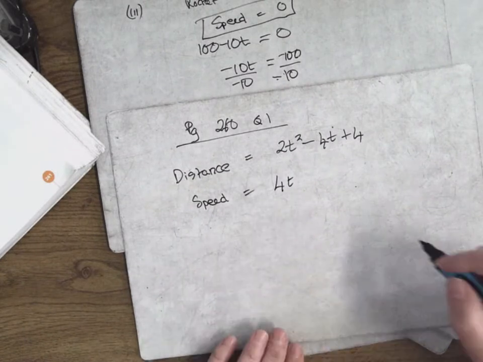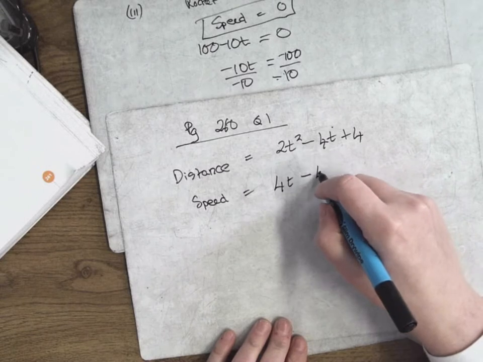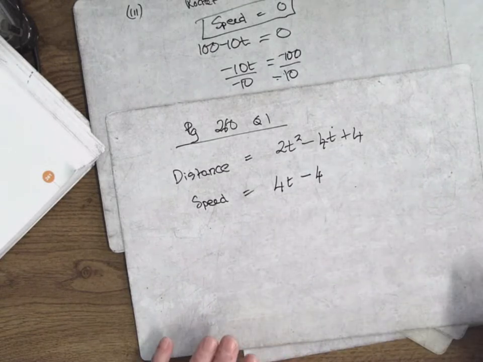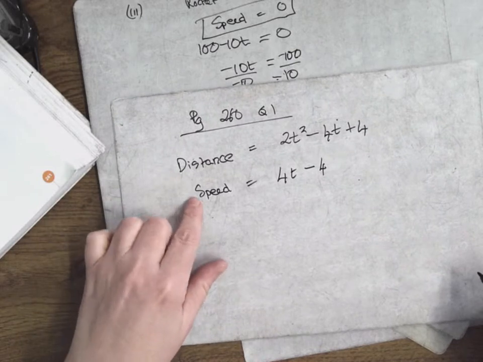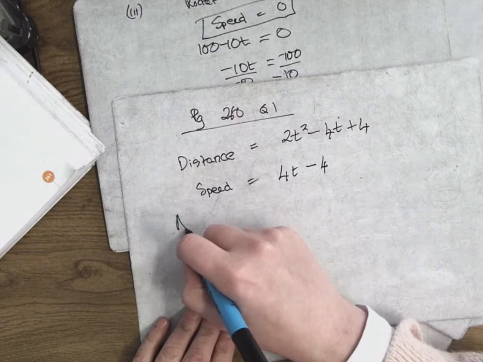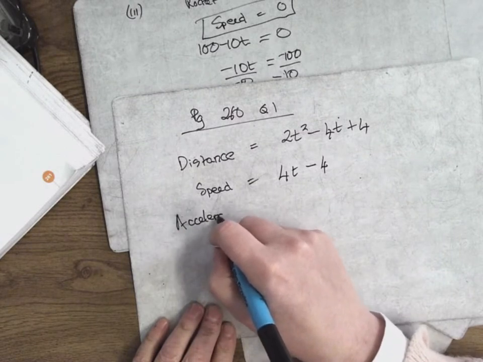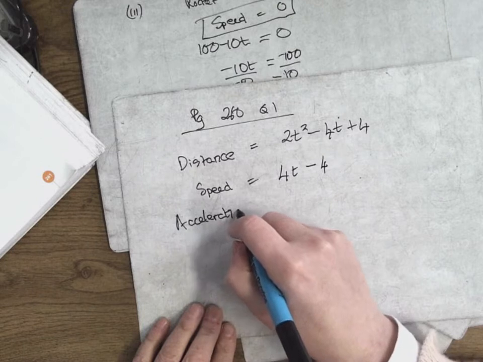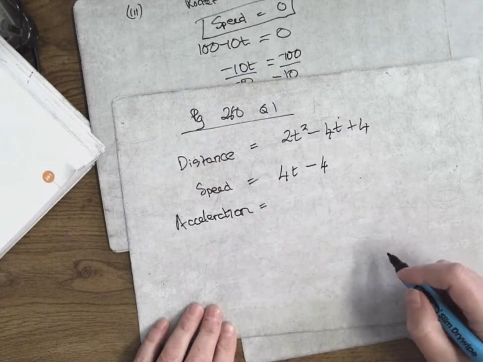And differentiate minus 4t and you just get minus 4. Differentiate again. Differentiate speed, what do you get? Acceleration. So differentiate again and you get 4.